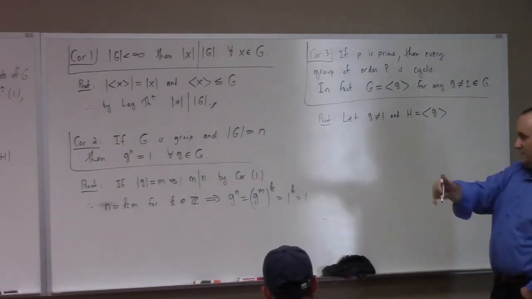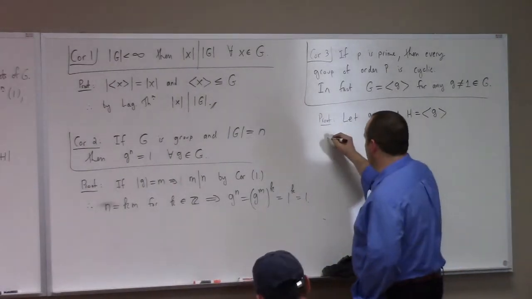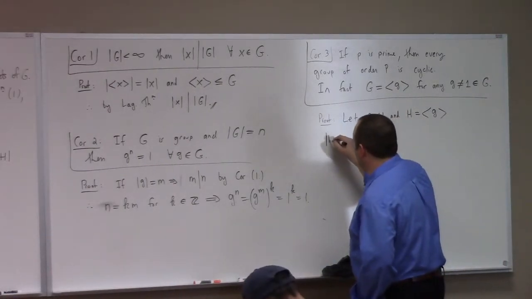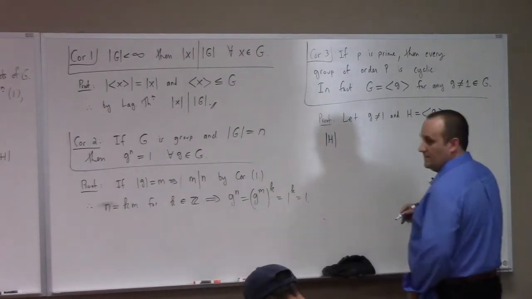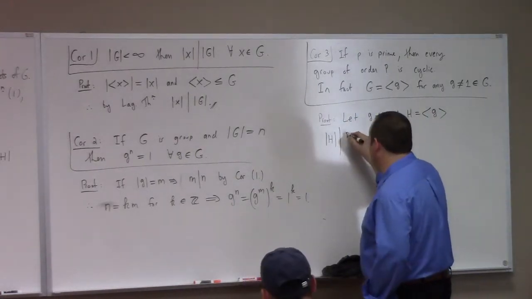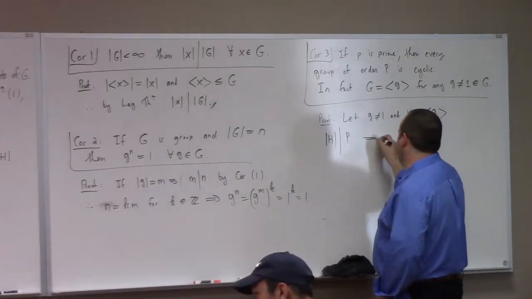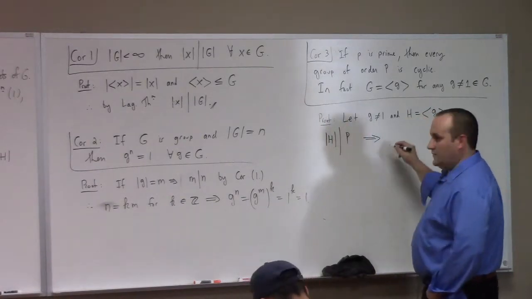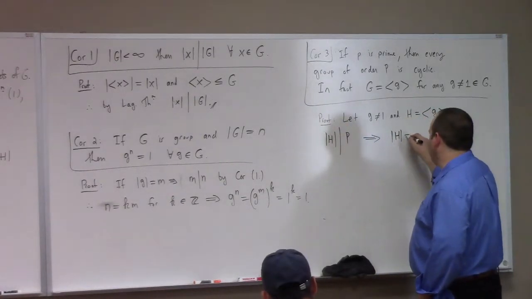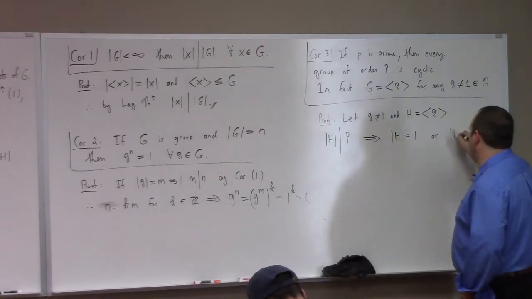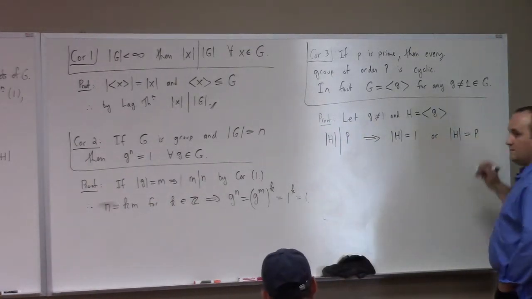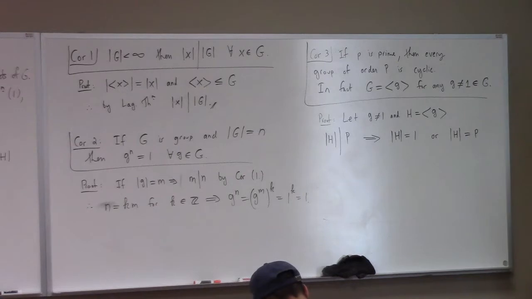So then your point is that the order of H has to divide p, which implies what? Either the order of H is equal to 1 or the order of H is equal to p. So then what?